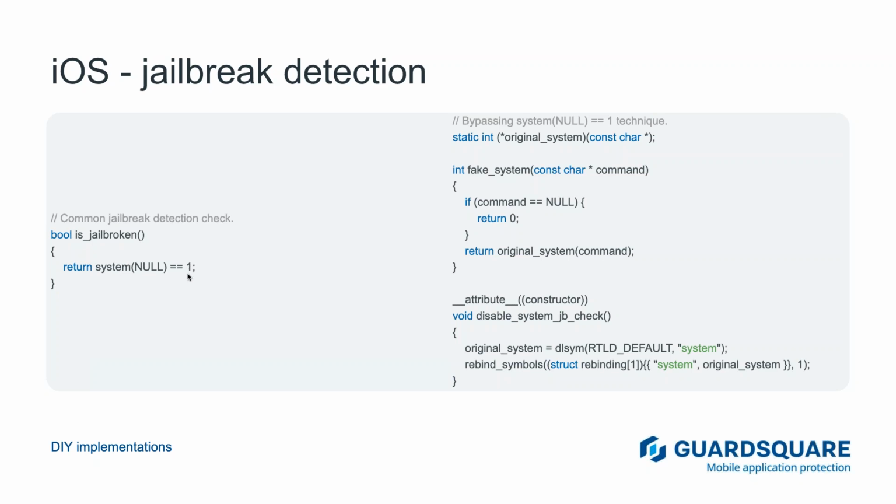It always looks the same, so it's a known check, and it's also not inlined. On the right-hand side, you can see how this check can be bypassed using a hooking technique. You could hook the system method and make it always return 0, even if the device is jailbroken, and therefore this detection technique would be bypassed.